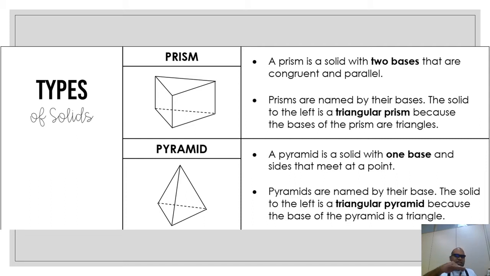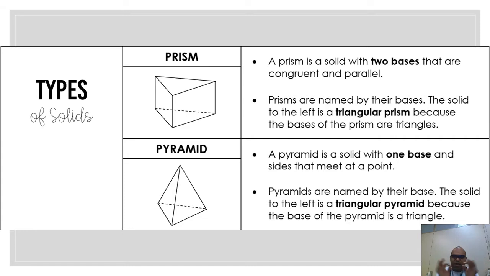Okay, I have two congruent and parallel bases, and I have rectangles connecting these bases, the prism. Nice. And to name the prism is very easy because we name it by its bases. The solid to the left is a triangular prism, because the bases of the prism are triangles.